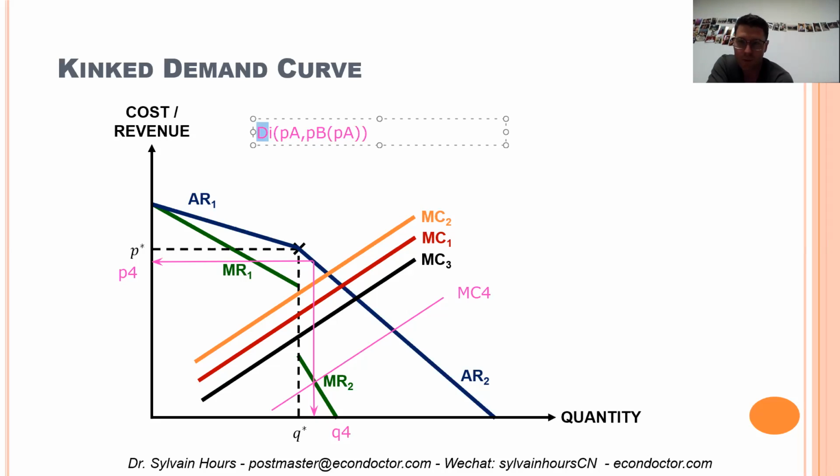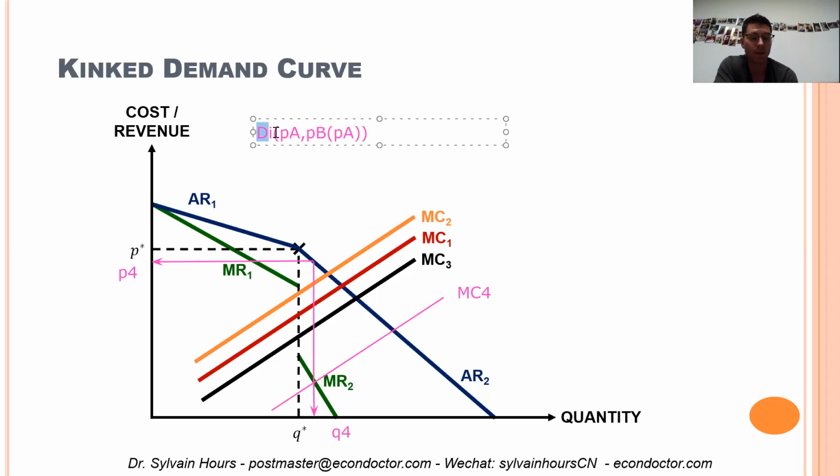So it applies to oligopolistic markets where each firm sells a differentiated product. Good question. I think it works in any type of oligopolistic market. It works for sure if you have a standardized product.